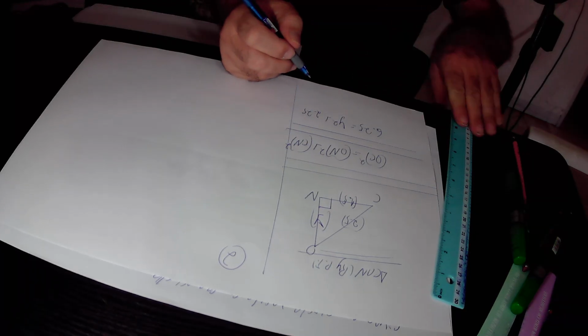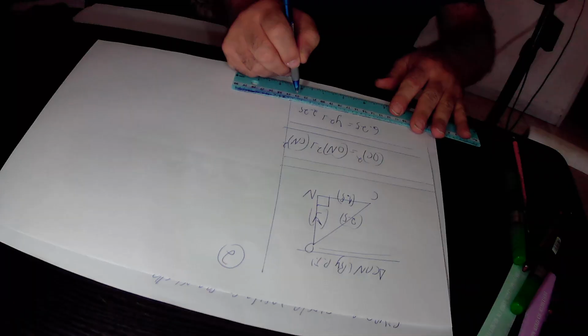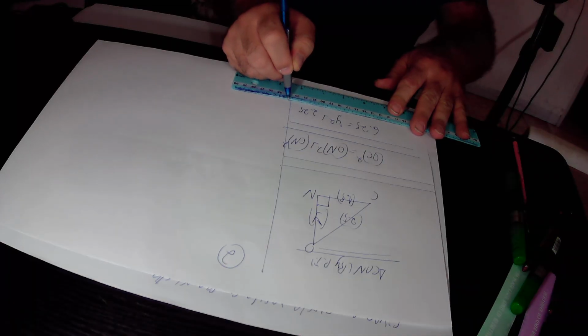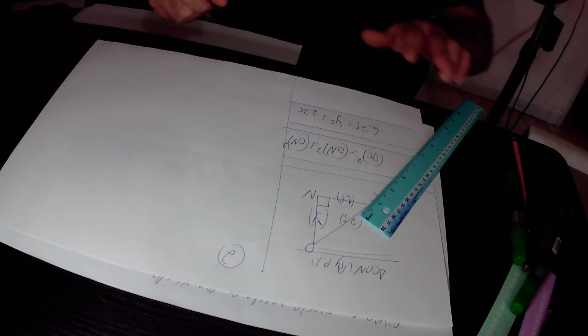So in total we find that 6.25 equals y squared plus 2.25.